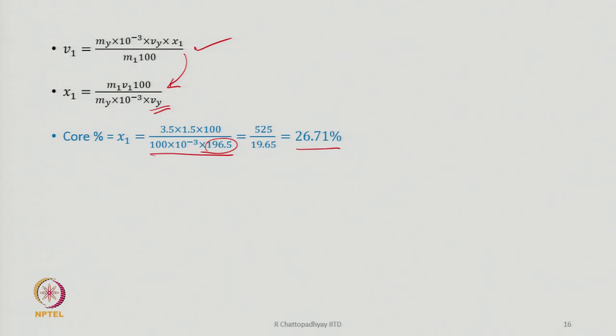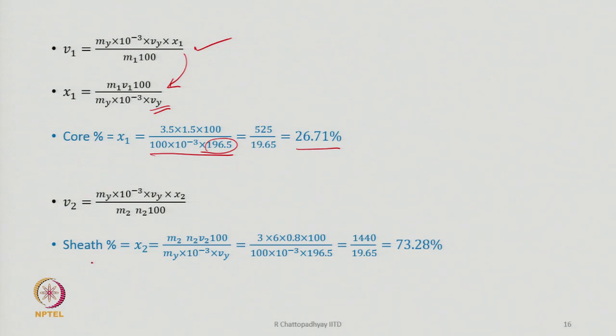So, the core percentage is going to be 26.71, and exactly the same way we will calculate the sheath percentage, which is x2, and similarly we substitute the values. Only Vy was not known earlier.